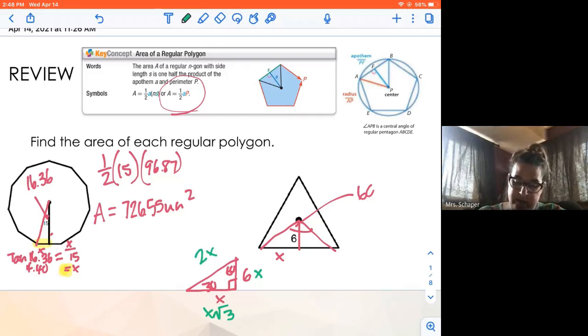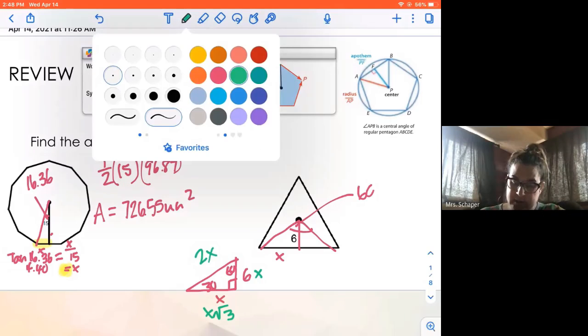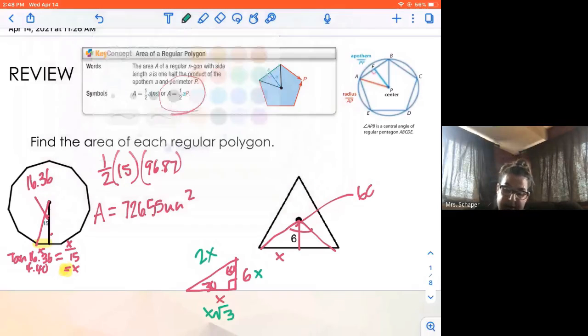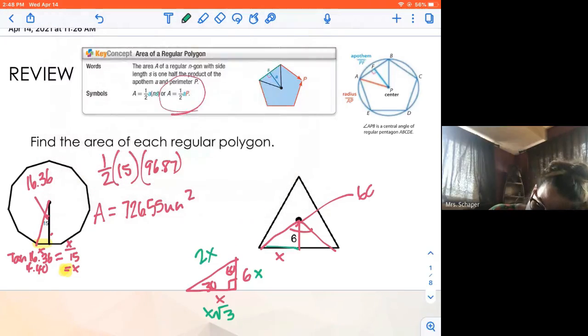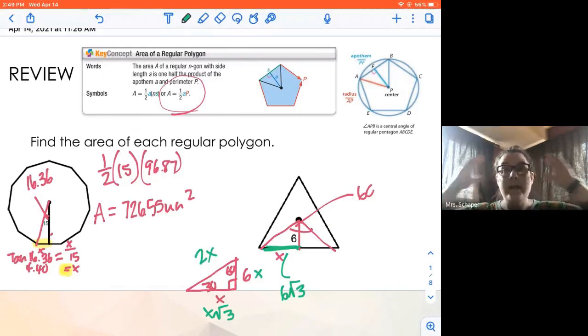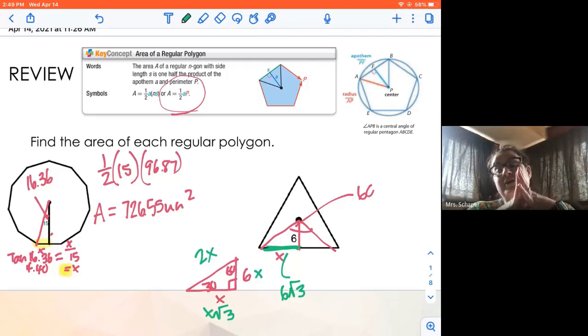So when I look at this, 6 is my x. This measurement right here is going to be 6 square roots of 3. The perimeter of this triangle, it's a regular polygon, so it's an equilateral triangle, is going to be 6 square roots of 3 times 6.